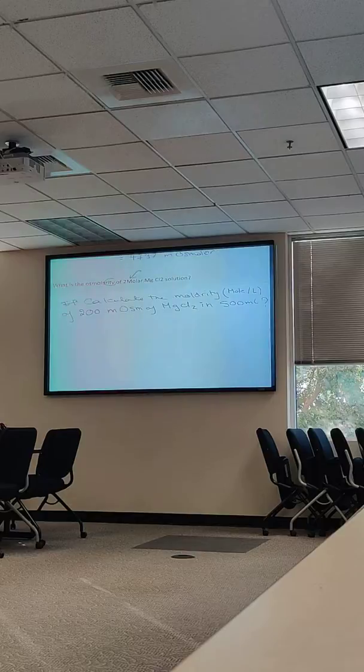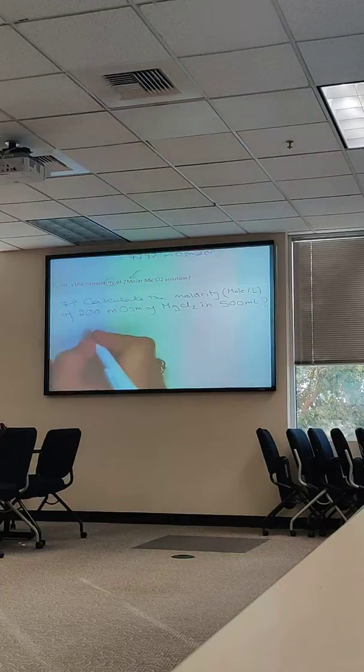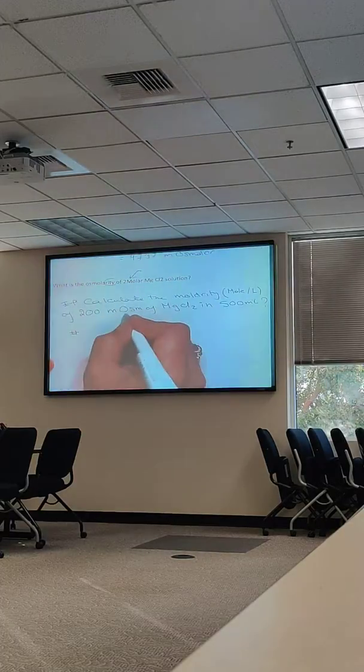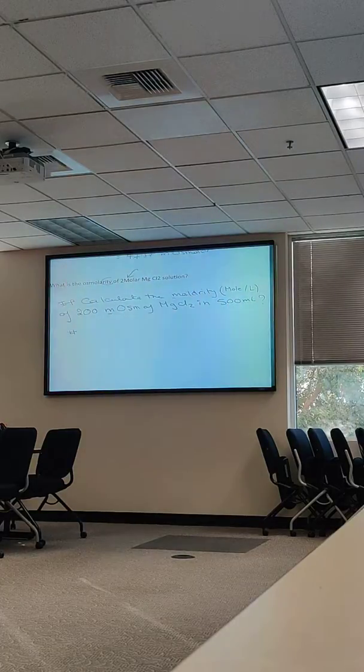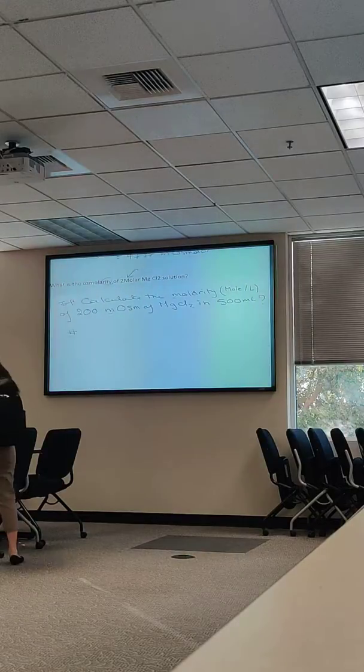Again, it comes back to exactly the same equation. Here we have milliosm and molarity, so you have to pay attention that one is in milli and the other is in osm.